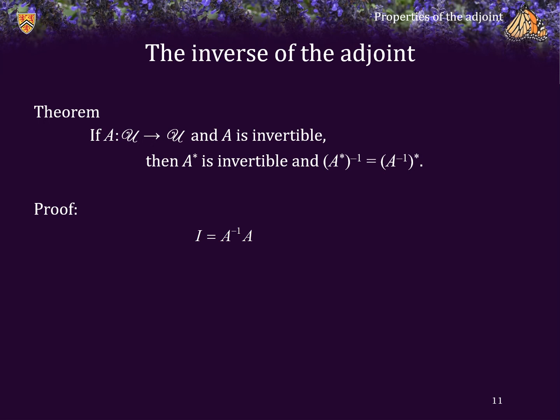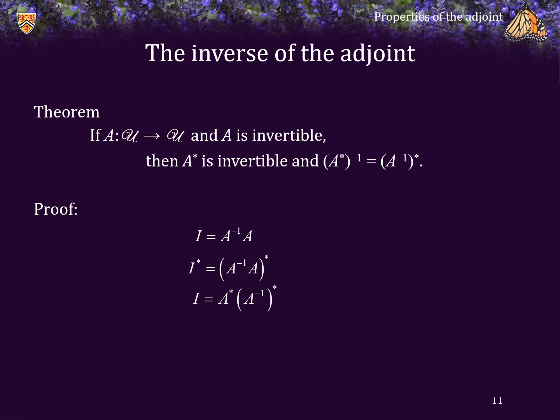However, if those two operators are equal, their adjoints must also be equal. However, previously we saw that the adjoint of the identity operator is equal to itself, and the adjoint of a composition is equal to the composition of the adjoints in the reverse order.